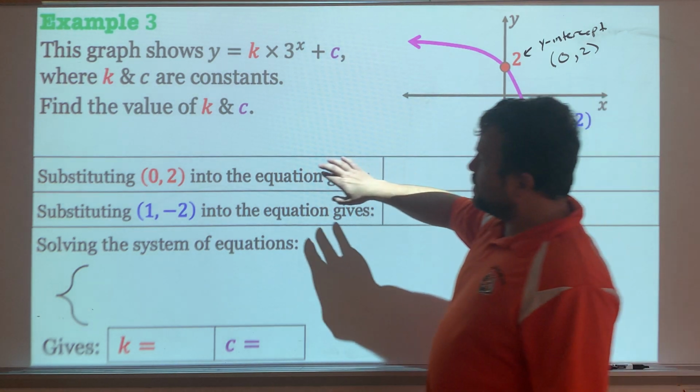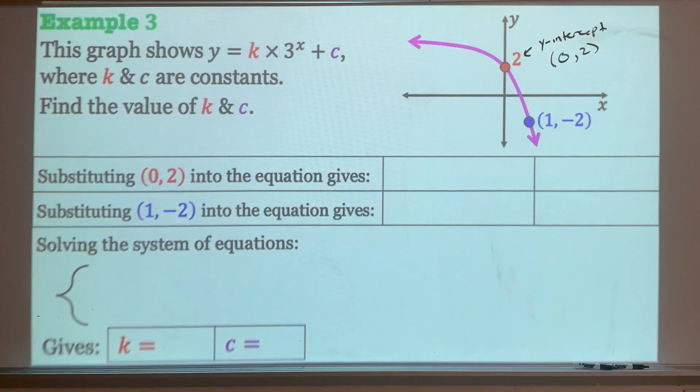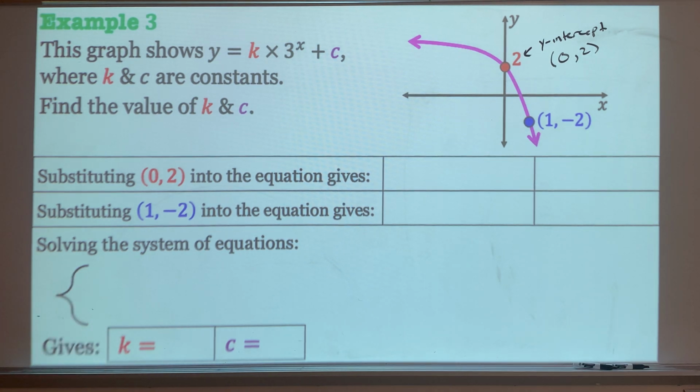So I want you guys to plug this into that equation. Now the (0, 2) is not your k or your c. It's just your point. Got it?